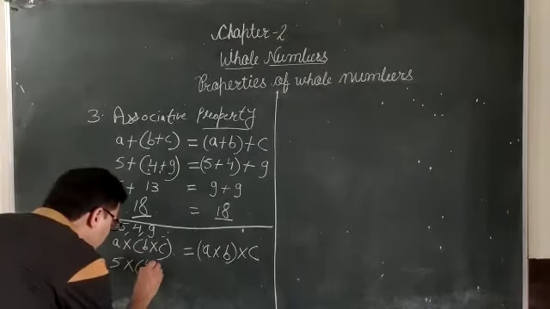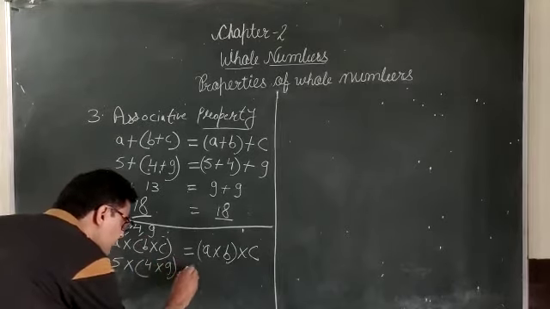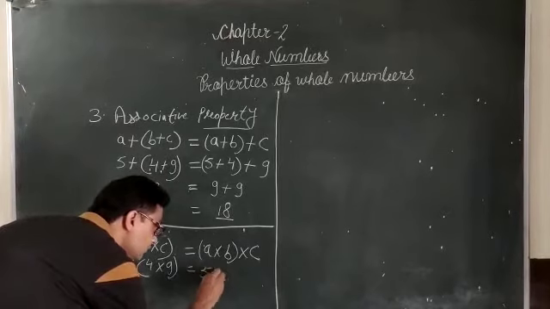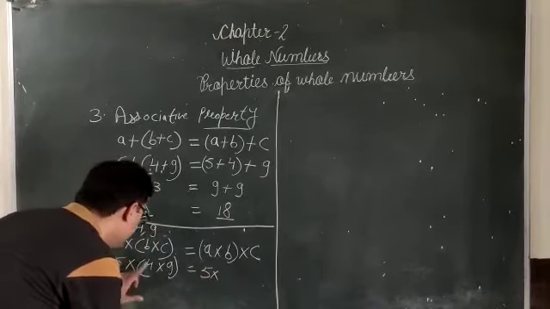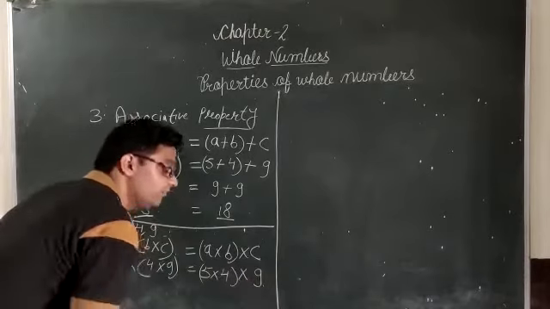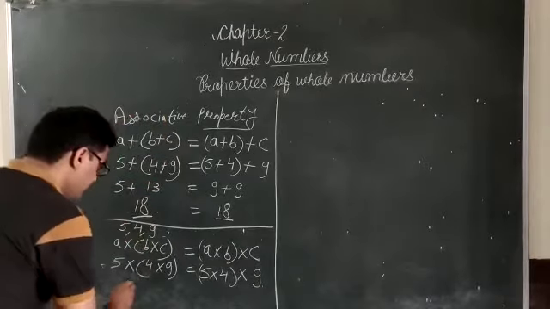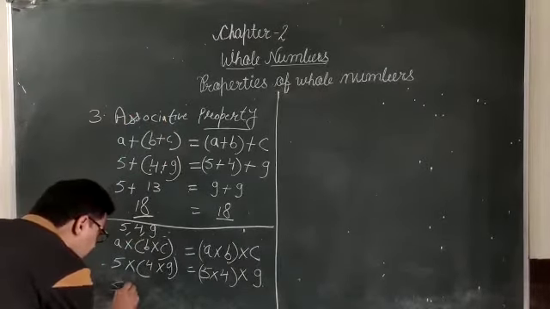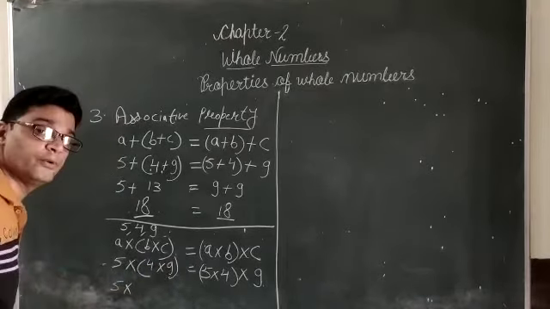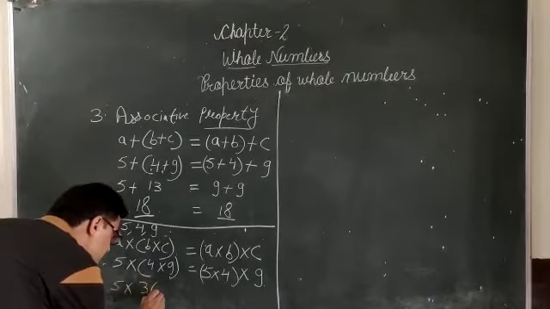into 4 into 9 is equal to A, meaning 5, into B, meaning here 4, and into C there will be 9. So now 5 into, first we will multiply these both. 4 nines are 36.